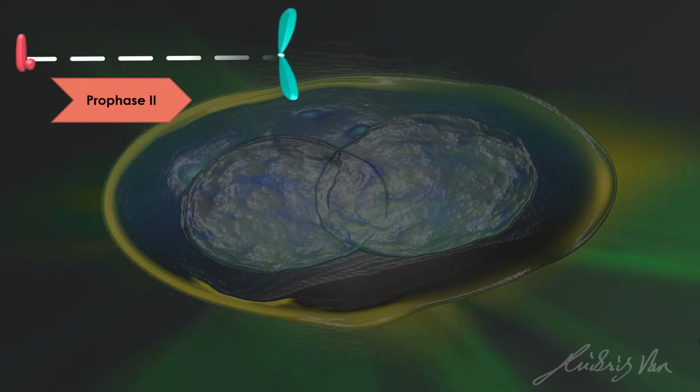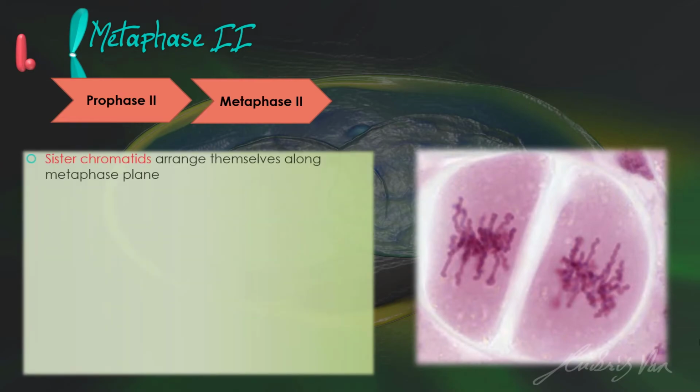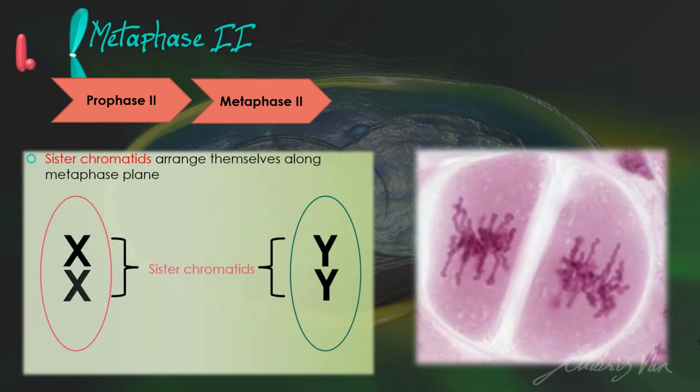So after the boring prophase 2 is the more interesting metaphase 2. Similar to other metaphases, the chromosomes will align themselves in the middle. But unlike metaphase 1, whereby the homologous chromosomes are in the middle, it is the sister chromatids that arrange themselves along the metaphase plane.